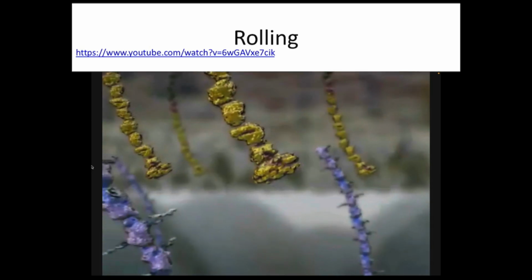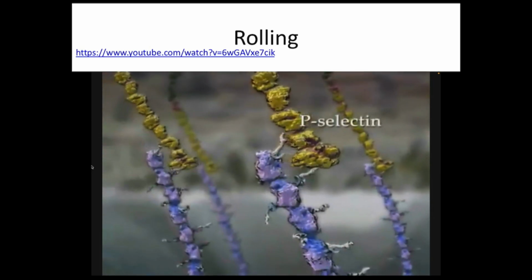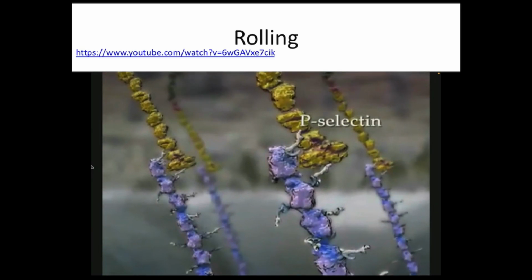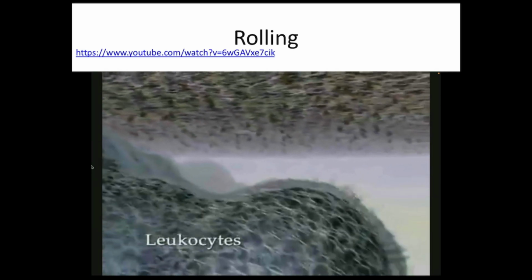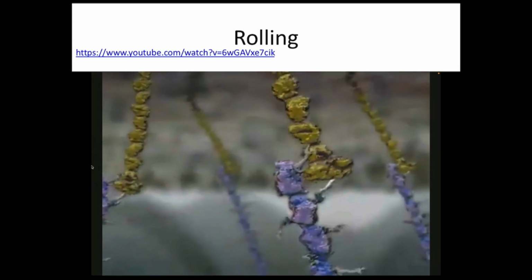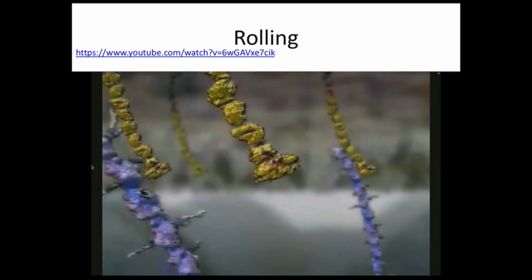And if we zoom in, that rolling along the surface is happening because of selectins binding to their carbohydrate ligand. And you can see that that interaction is basically like this catch, release, catch, release type of thing, where we're getting that cell slowed down and pulled over to the side.